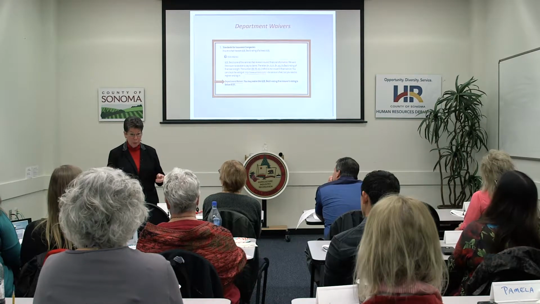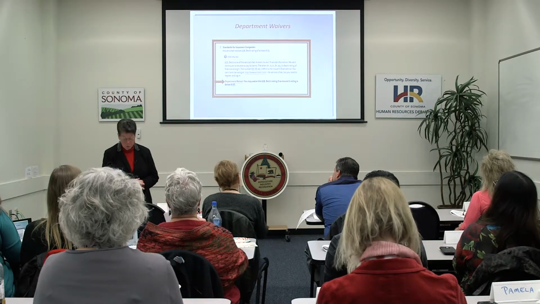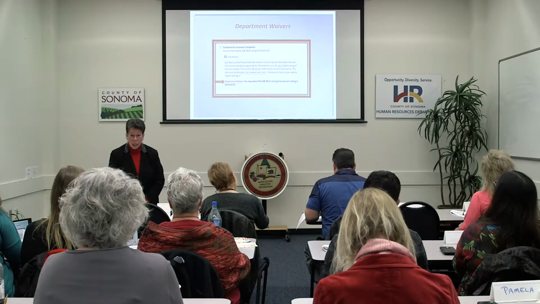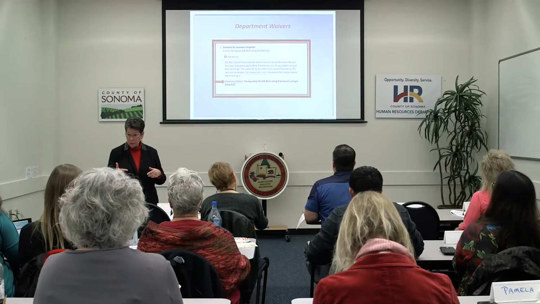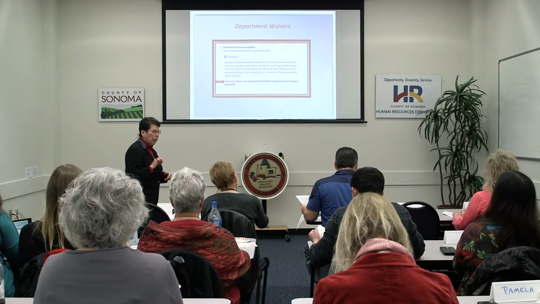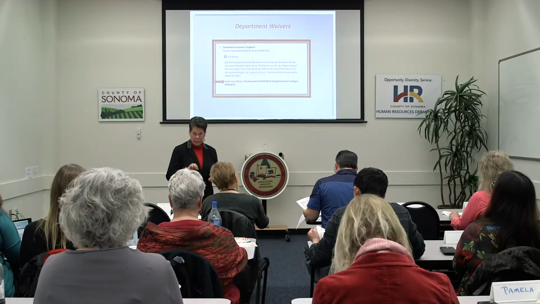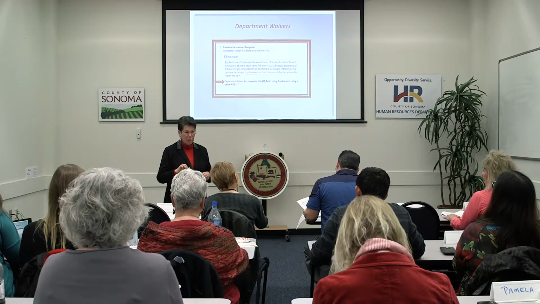Okay, now, the key to department waivers is it has to be an approved department waiver. How do you know if it's approved? Well, remember the template assistant that we talked about. When you click on the help text for something, so if they're not compliant in one of the aspects, if there's a help text for that in the template assistant, it will say department waiver.